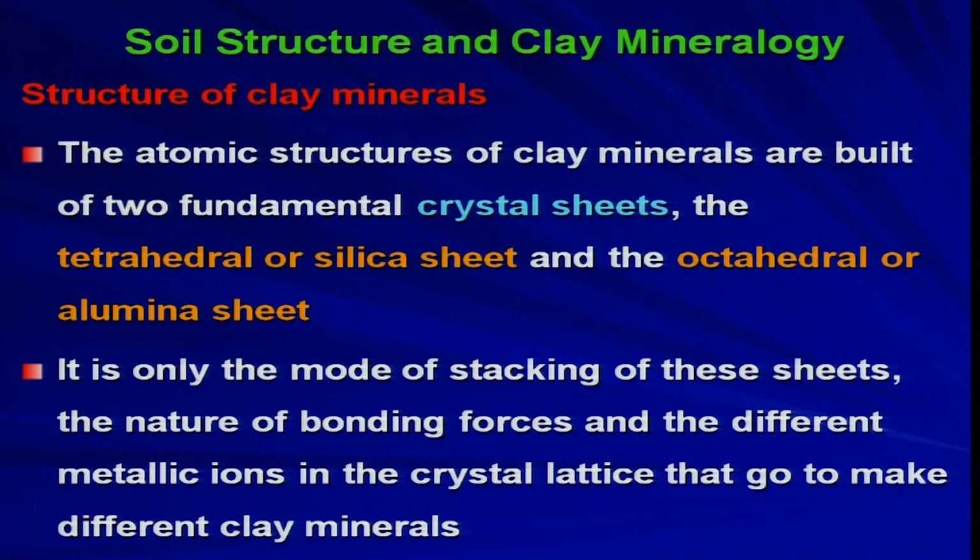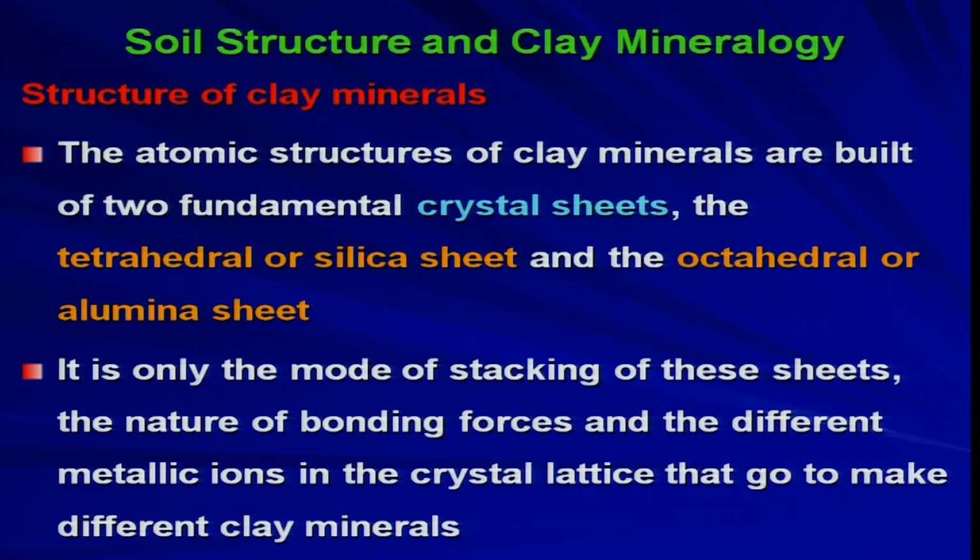So, this is the basic unit of the clay mineral, that is the tetrahedral or silica sheet and the octahedral or alumina sheet. Now, it is only the mode of stacking of these sheets, the nature of bonding forces and the different metallic ions in the crystal lattice that go to make different clay minerals. So, what are the things that cause different clay minerals from these crystal sheets? First one is the stacking of these sheets, how they are getting stacked.